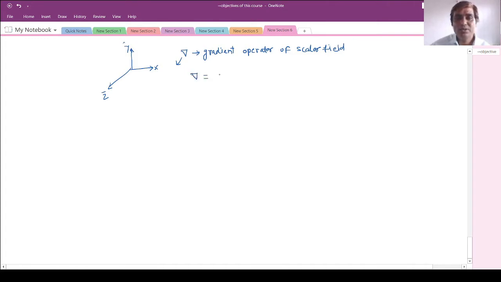Suppose I have some unit vectors which will represent the direction of the vector field. So del I can represent as the gradient operator. If I would like to measure the change in the x direction, then I will write d by dx in that particular direction x hat, plus d by dy in that particular direction y hat, plus d by dz in that particular direction z cap.